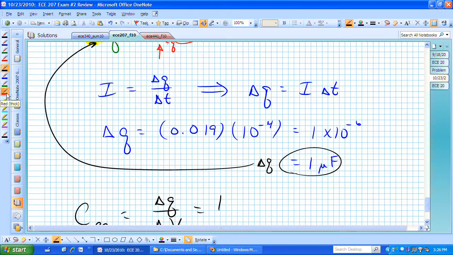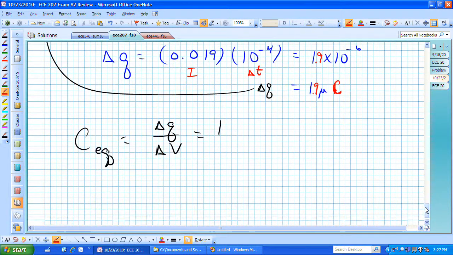Our delta Q has actually been miscalculated up here. I dropped the 0.9, so this is now 1.9, and this is not farads, this is in coulombs, so that's 1.9 microcoulombs, with this being our I, and this is our delta T. This is coulombs per second for I, and this is our seconds, so we now have coulombs of 1.9 micro.